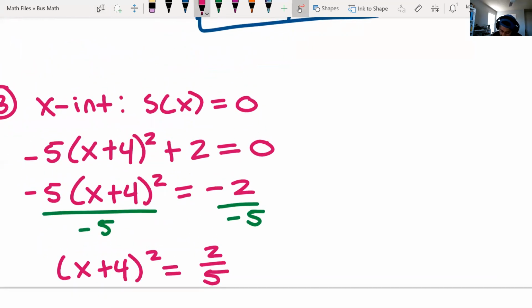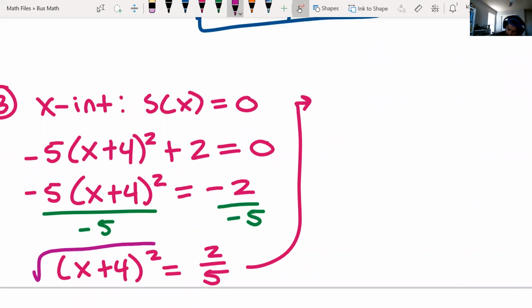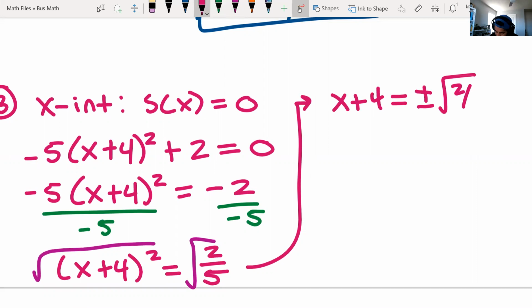And still working. I'll move this up here. So now, after we do that, you're going to square root both sides, which means we'll get x plus 4 equal to plus or minus the square root of 2/5. Which I'm going to change into a decimal number.